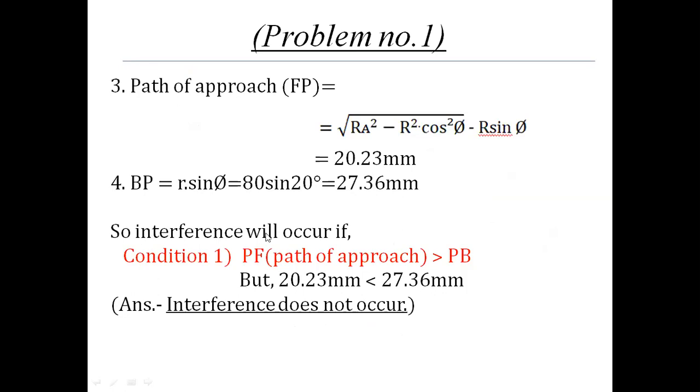So interference will occur if, as per condition number 1, path of approach is greater than PB, that is PF is greater than PB.